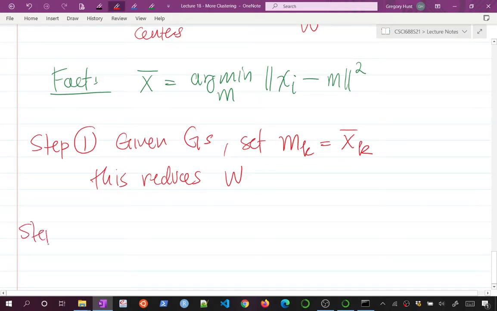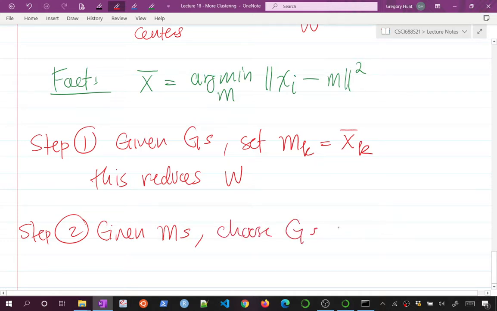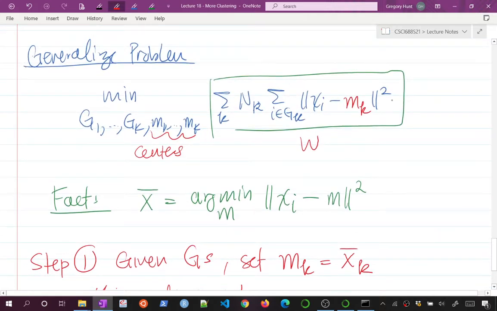And then step two says that if I hold my M's fixed, I'm going to choose my G's as the points closest to my M's. And that obviously is going to minimize this criterion.